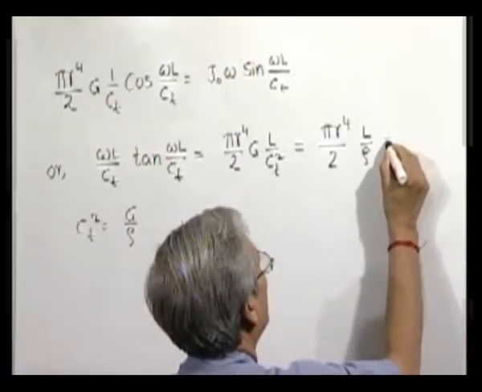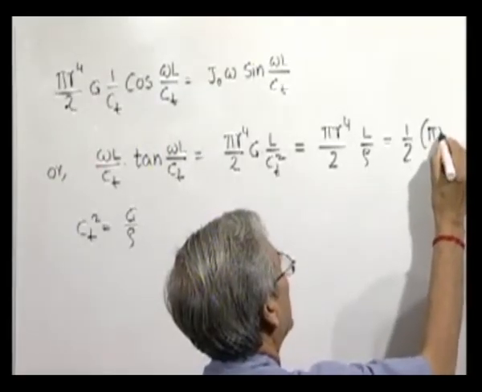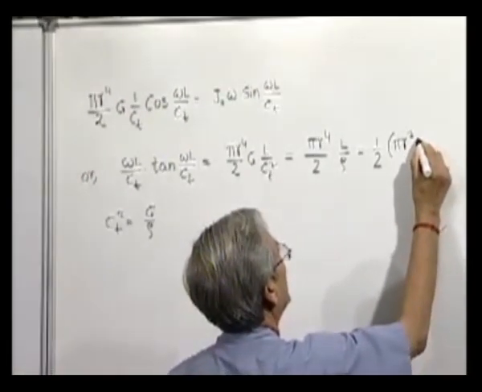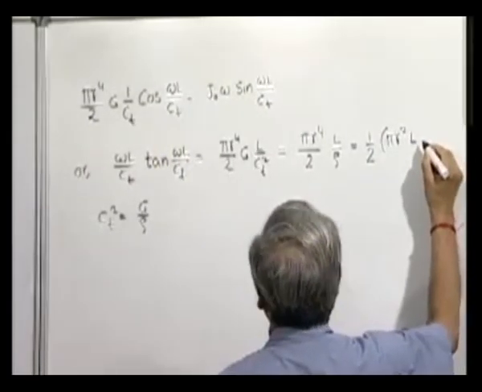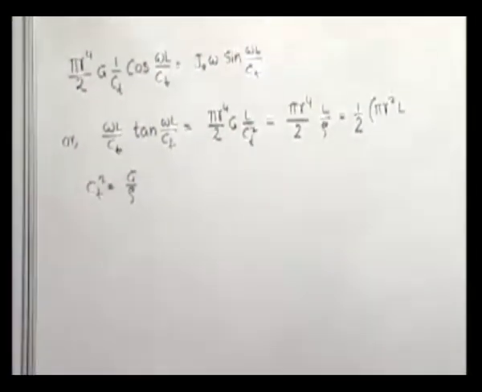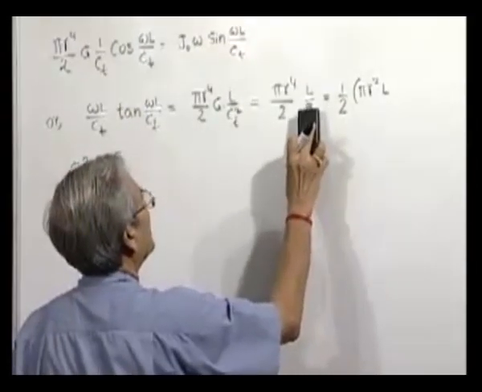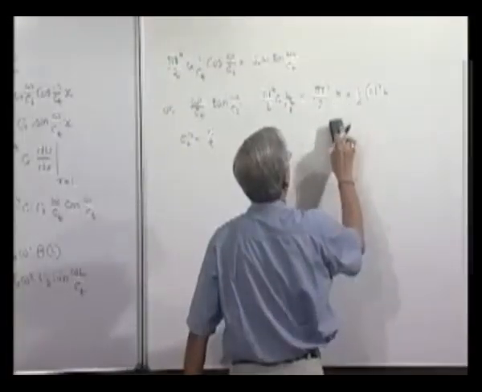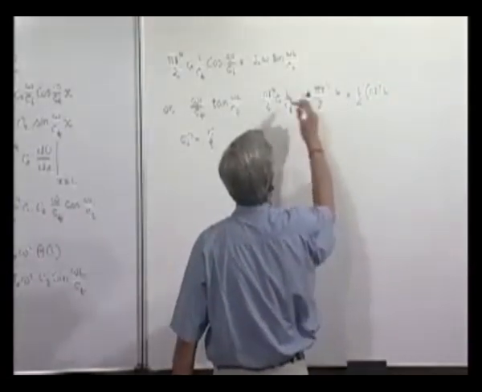This will be half pi r square into L, and Ct square G by rho should go.